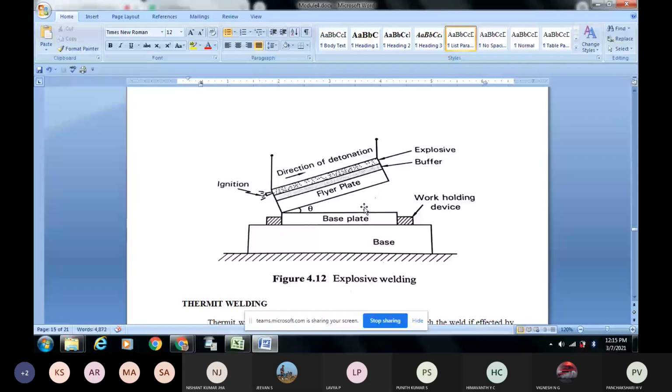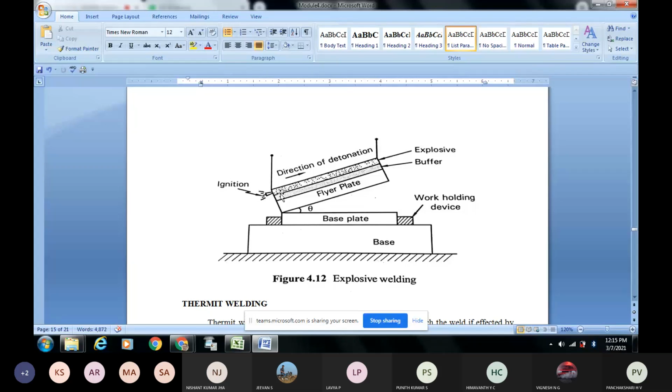Next, there is a tape for ignition, magnetic. You can see here, when it is ignited, the explosive starts releasing the energy.